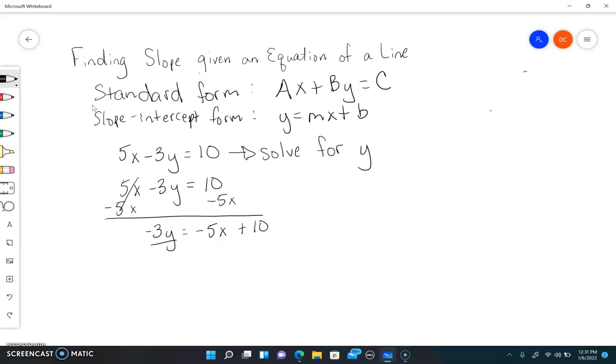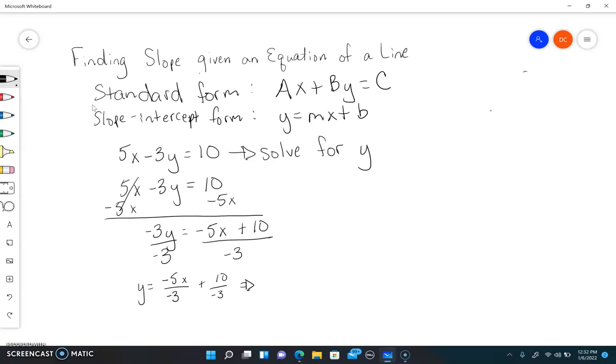And then I'm going to divide everything by -3. Okay. And so what you end up with here is -3y divided by -3. It's just a positive 1y. And here we have -5x over -3 plus 10 over -3.